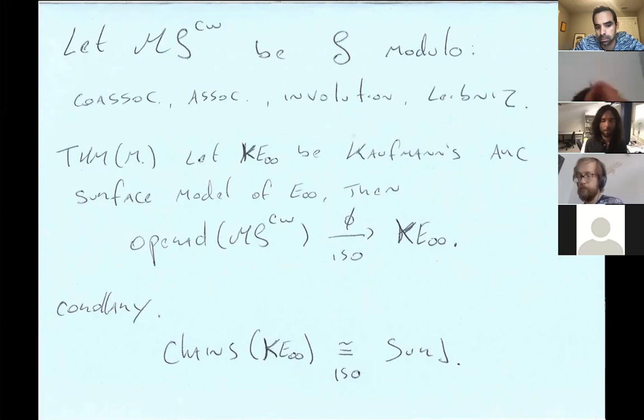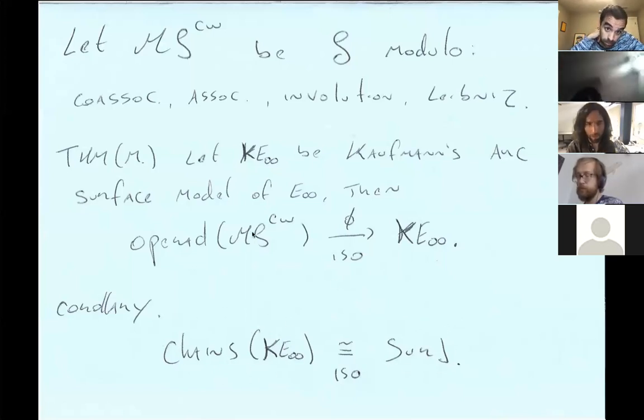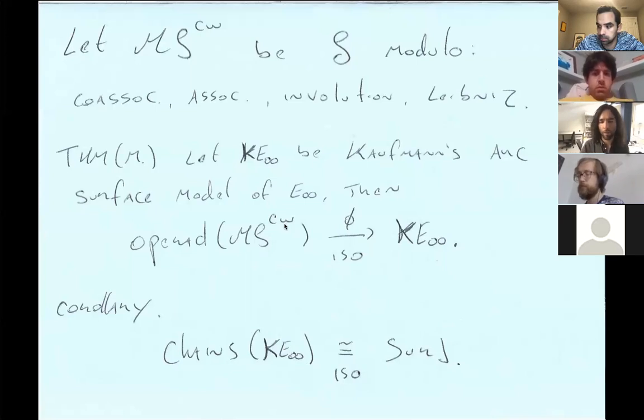And one nice corollary of it is that it creates this connection between the chains on Ralph's model and the surjection operad, because if you were to take the chains on this MS model, what you would get is what I was calling before the MS without any superscript, so the algebraic model. So we have this corollary here, which actually Ralph already conjectured, and now we have this little proof here.